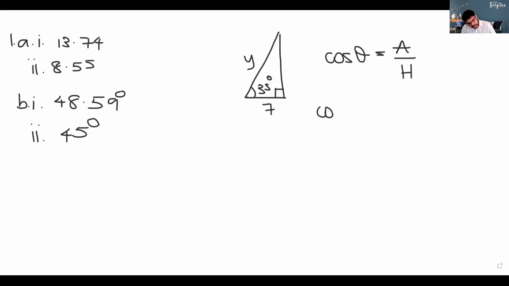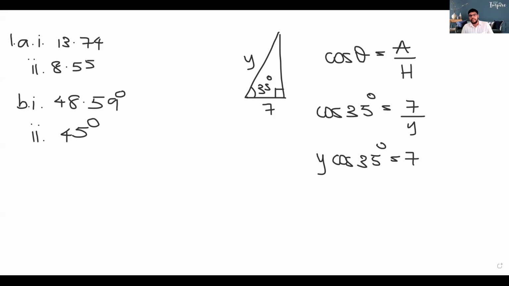So cos 35 is 7 over y. Then what do you do? You multiply by y. So y cos 35 degrees is equal to 7. Right, and now you divide by cos 35. You get y equals 7 over cos 35.